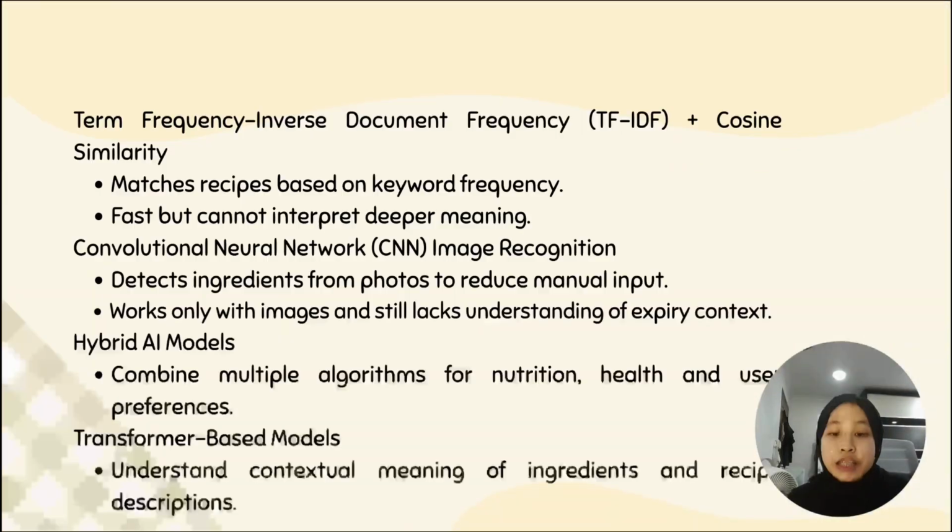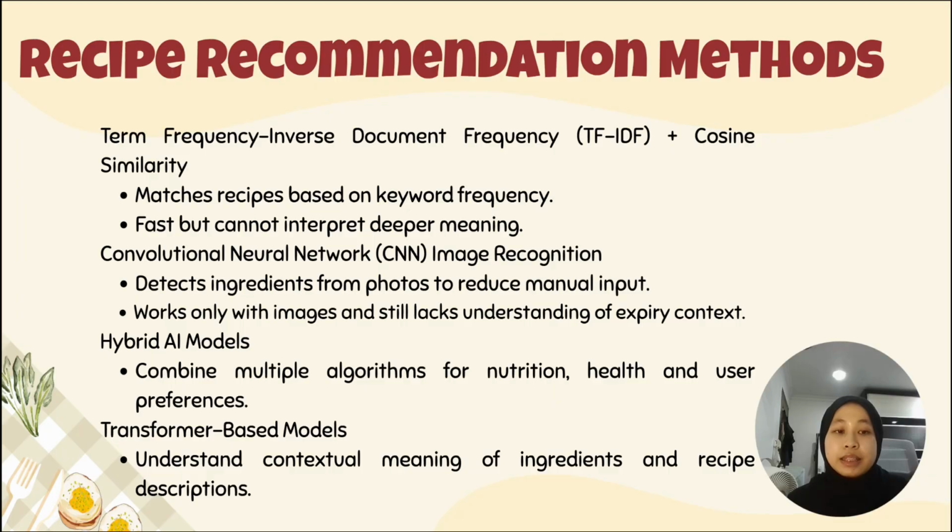Next is recipe recommendation methods. Recipe recommendation techniques have evolved significantly. The traditional method used TF-IDF with cosine similarity, which compares recipes based on ingredient keywords. This method is fast but cannot understand deeper meanings.